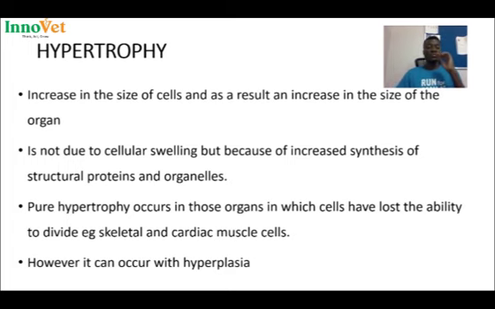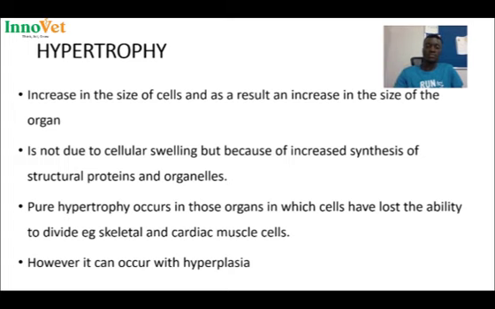But we know that pure hypertrophy occurs in those organs in which cells have lost the ability to divide, for example, the skeletal and the cardiac muscle cells. However, this hypertrophy can occur together with hyperplasia, where the cells are increasing in number, which also results in an increase in the size of the organ.